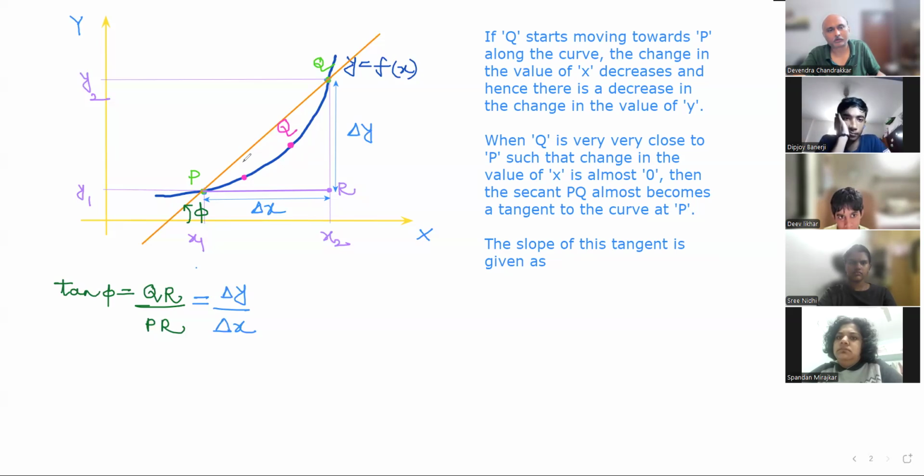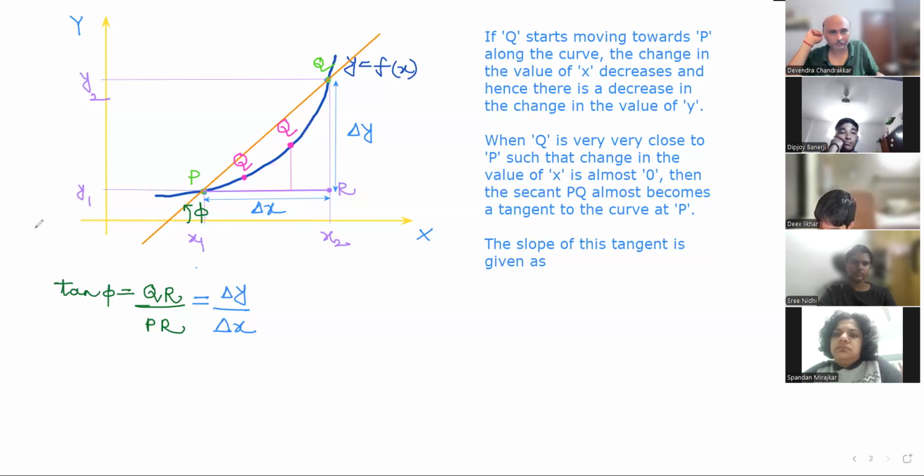This is Q coming towards P, right? What is happening here? The distance delta x, the change in the value of x, is decreasing, yes or no? Yes, sir. Delta x is decreasing, right? So the first statement is clear to all of you.